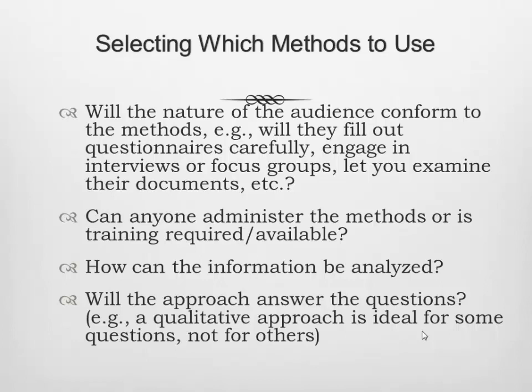So for example, will the people who you are asking to fill out your questionnaire, will they fill out your questionnaire? Will they do it carefully? And will the people engage in interviews or focus groups if you decide to go that way? Will you have access to examining documents? And so on. So will the nature of the data collection method conform to and work with the people that you're trying to collect data from?